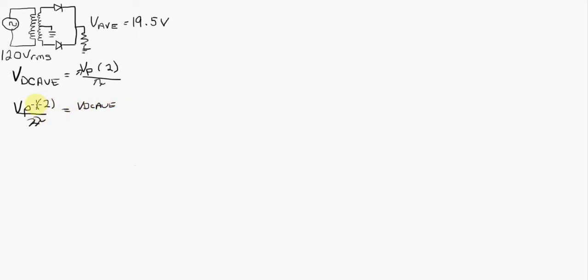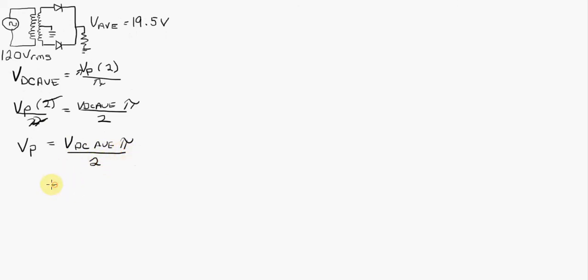First thing I'm going to get rid of is the pi, so I'll multiply both sides by pi, and then I will divide both sides by 2. What that means is V peak out equals VDC average times pi divided by 2.